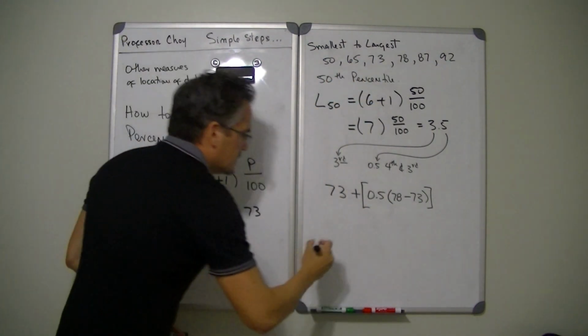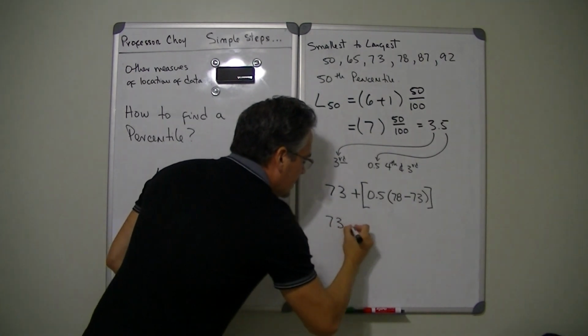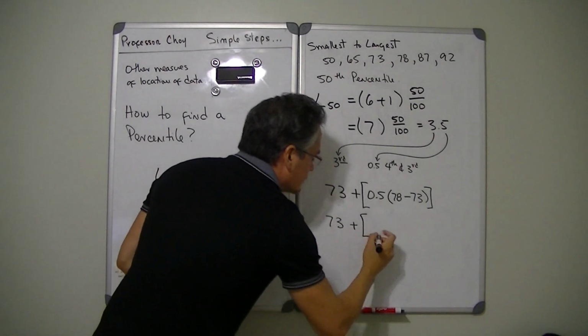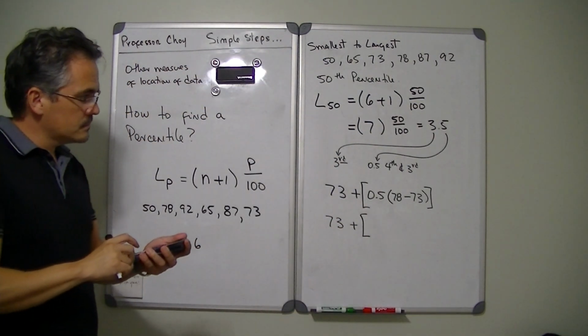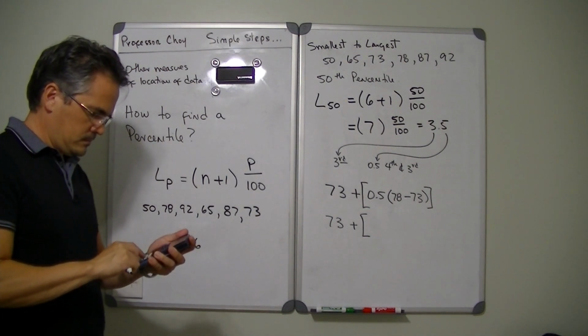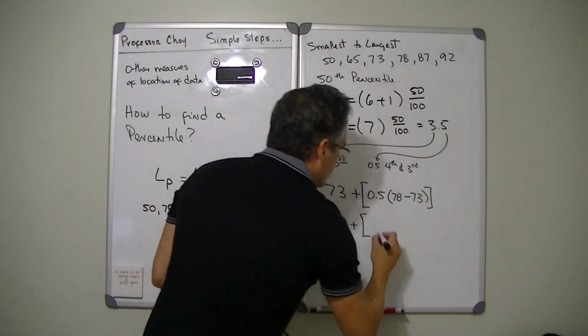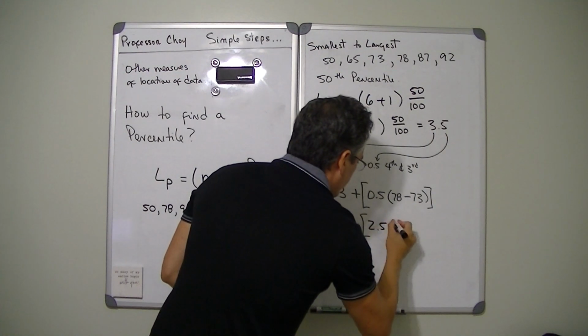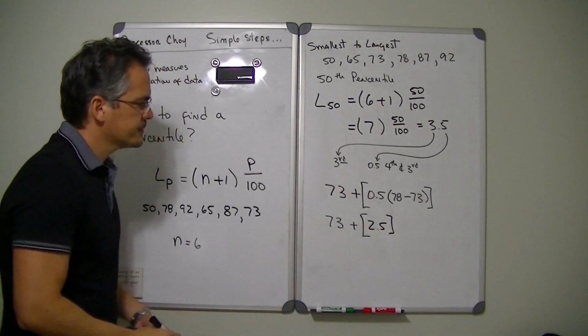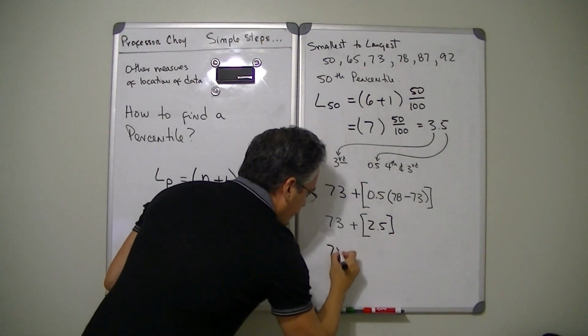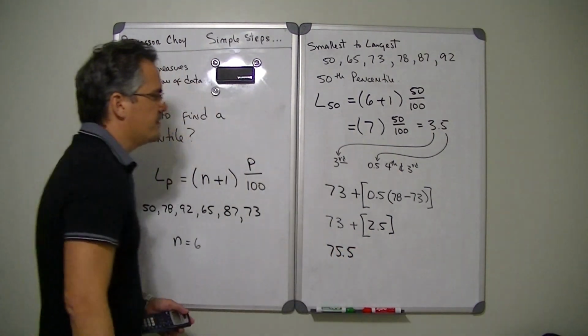Alright, so it's going to be 73 plus 2.5. So that's going to be 75.5.